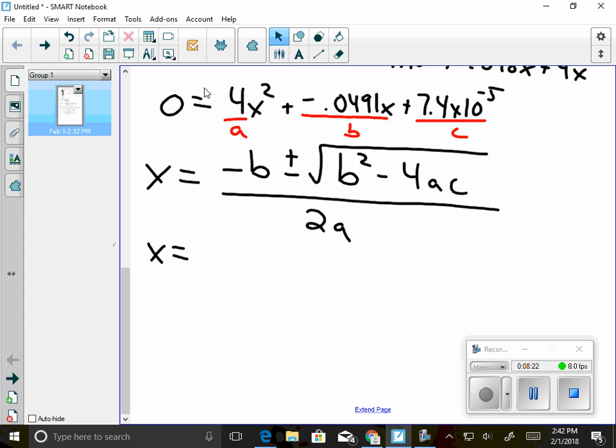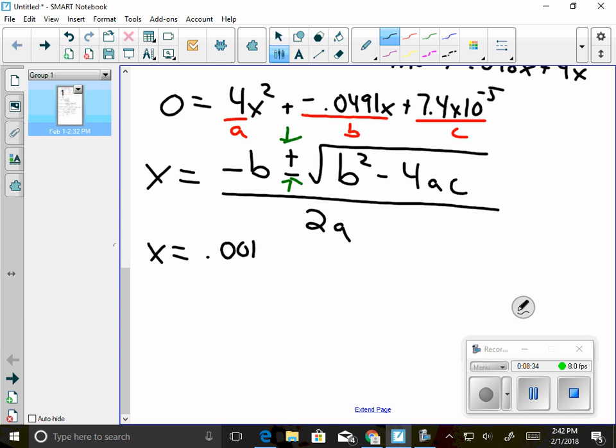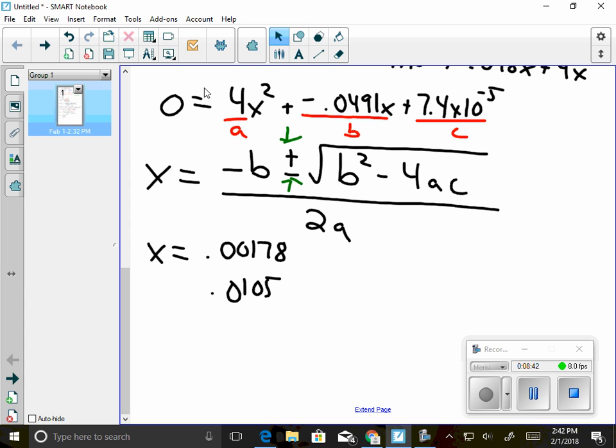If you're unsure of why it can equal two values, it's because we have to add all this or subtract all of that in order to get it to work. 0.00178 was one of the x values, or 0.0105 was the other x value. Only one of these answers will actually work.